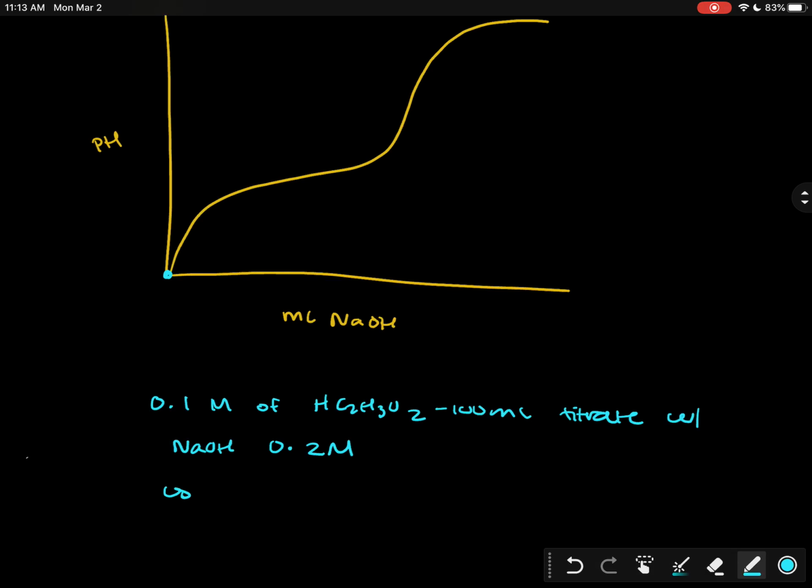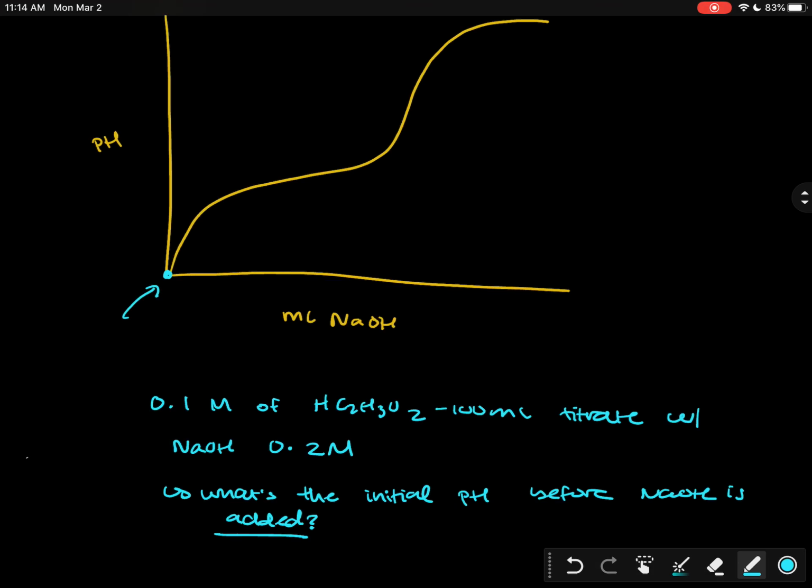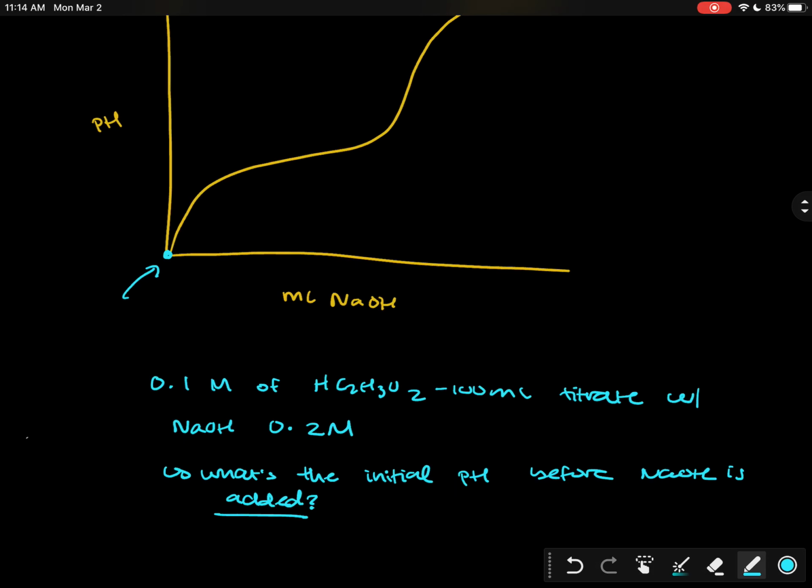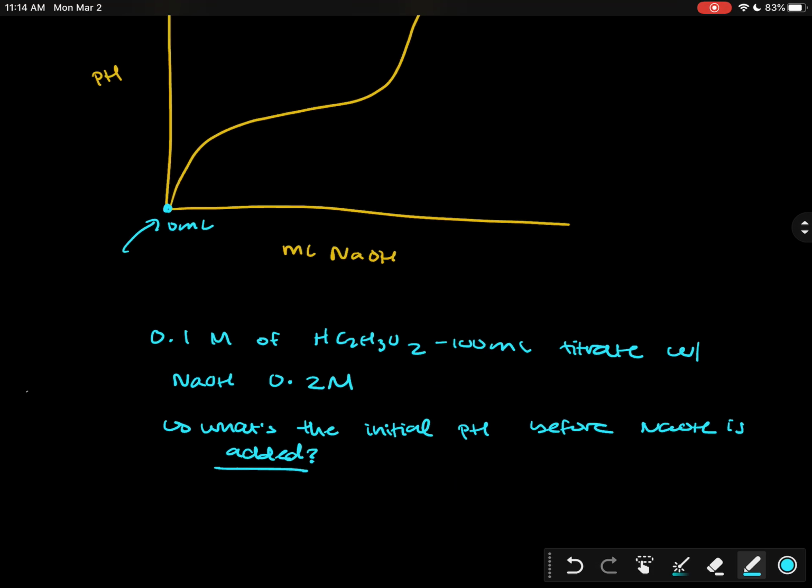So what's the initial pH before any NaOH is added? This question is basically saying, at this point in time when we have 0 milliliters of NaOH, what is the pH?